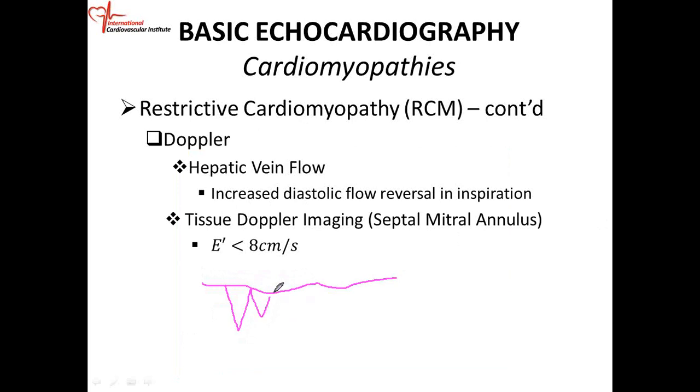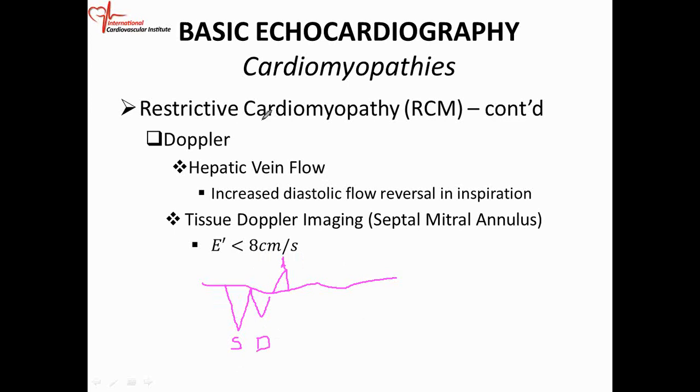And then you get an atrial flow reversal. Okay, so this is your systolic component. It's below the baseline because the blood is flowing away from the transducer. Diastolic flow. And then this is your atrial flow reversal. Okay, so this is your normal hepatic vein flow.